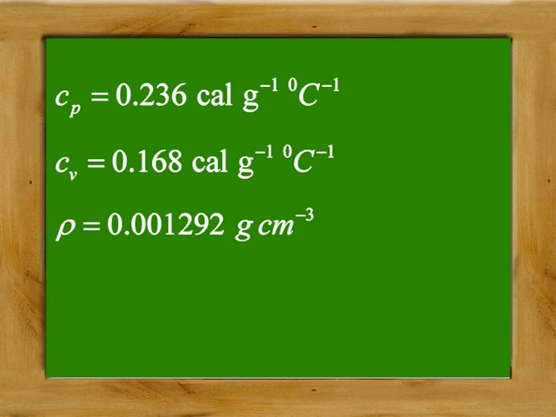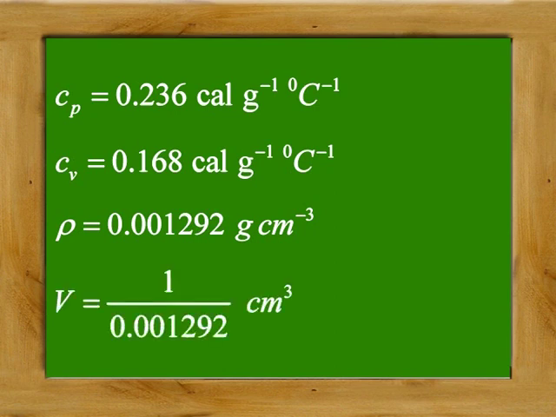Density ρ is equal to 0.001292 gram per cubic centimeter. Therefore, volume of 1 gram of air at NTP, V, is 1 upon 0.001292 cubic centimeter.